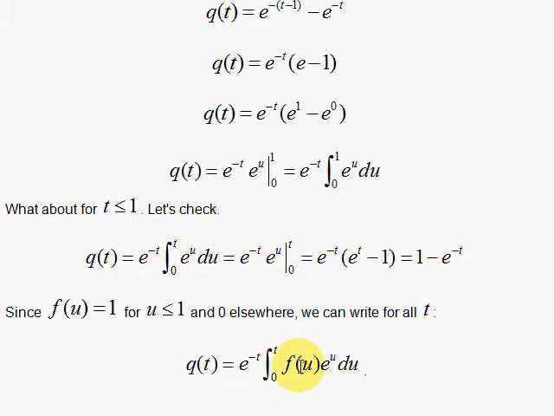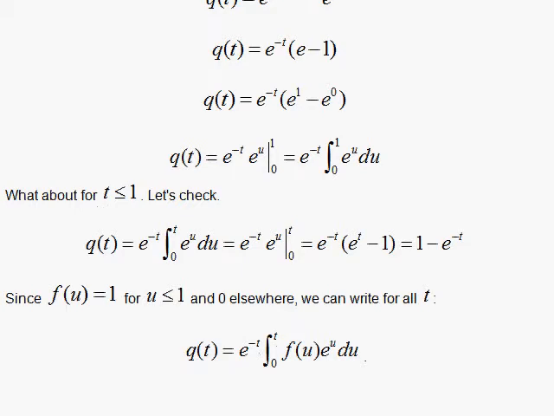Now if I have t greater than 1, I want to get this result, and I do, because I only need to integrate from 0 to 1 because the f of u is dead when the time is greater than 1. So here, this is interesting, there's this u variable that comes in, and there's a t variable, but I integrate with that u variable. This is a convolution. We're looking at a convolution here.